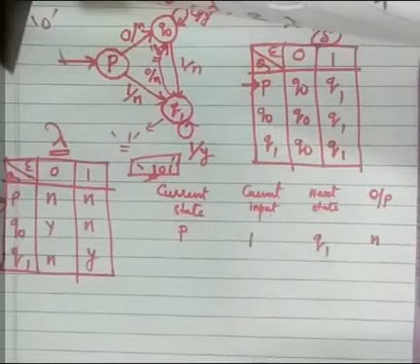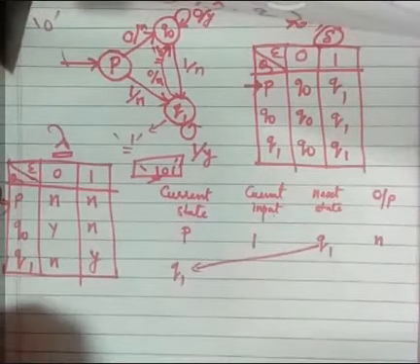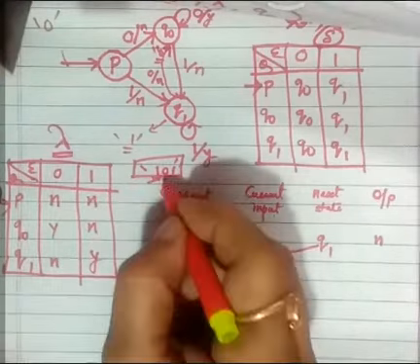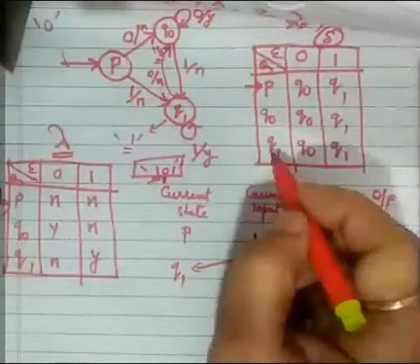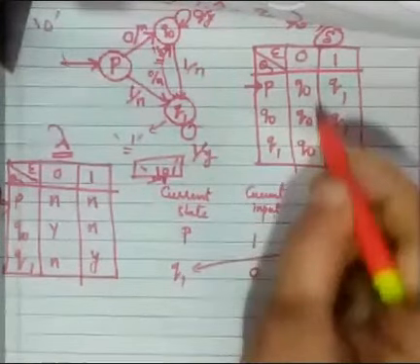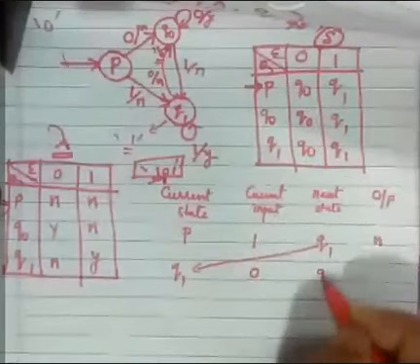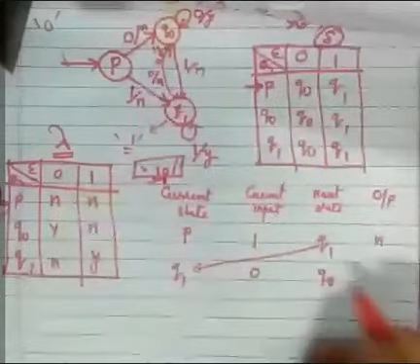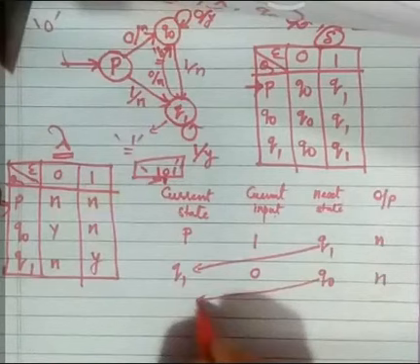Now this Q1 is acting as my current state. What is my current input? 0. Now Q1 on 0 goes to Q0 and produces output no. Next, now this Q0 is acting as my current state.